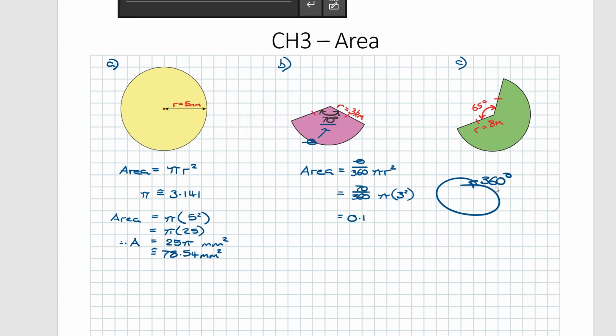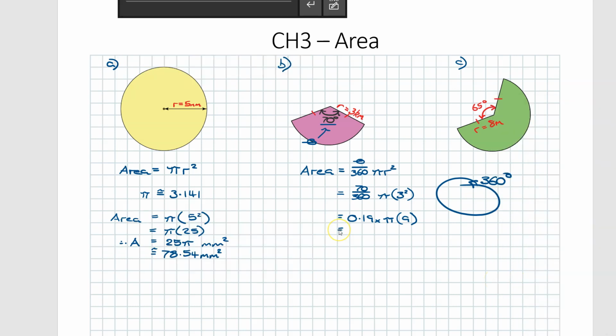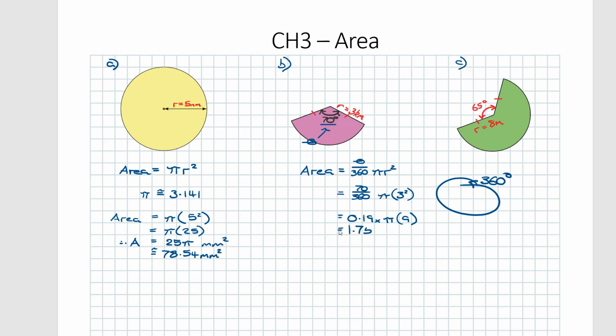So 0.19 times pi times 9. 0.19 times 9 is 1.75 pi. So the area of this smaller section of the circle is 1.75 pi kilometers squared, because the units in this case are kilometers.